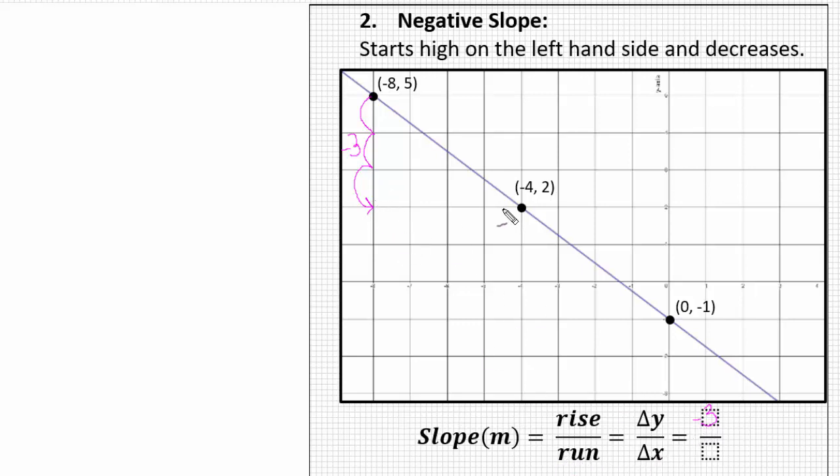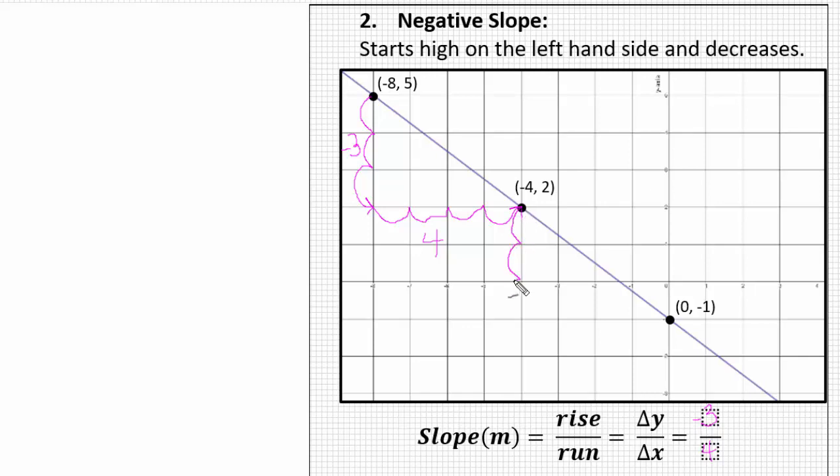And then our run, our horizontal change, is always to the right, and so we start here where we left off and see how far does it change horizontally, and that is 1, 2, 3, 4. So it has a horizontal change, or a change in x, of 4. So it looks like the slope value, the steepness of this line, is -3/4, and of course we want to check to make sure that it's the same between any 2 points.